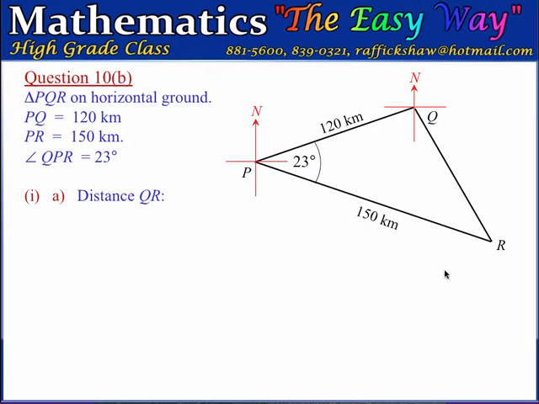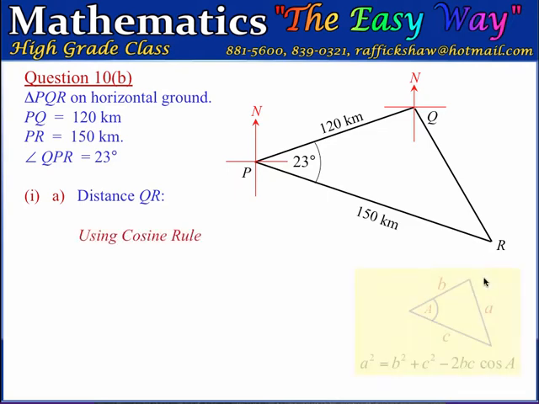In this case, we cannot use the sine rule because in order to use the sine rule, we must have a known side and a known opposite angle. This actually is a typical case for the use of the cosine rule because we have two known sides and a known angle between them. And so to find the distance QR, we will use the cosine rule.